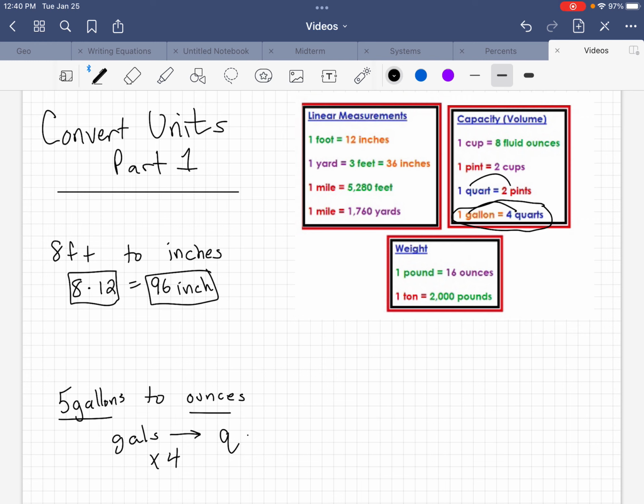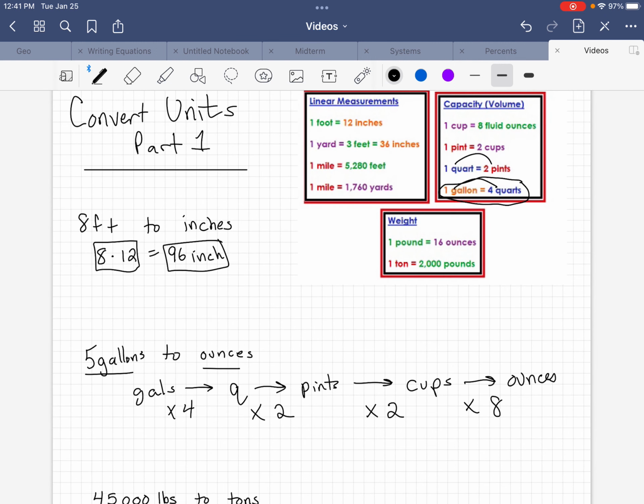And then quarts to pints is a multiplier of 2. And pints to cups is a multiplier of 2. And then cups to ounces is a multiplier of 8.